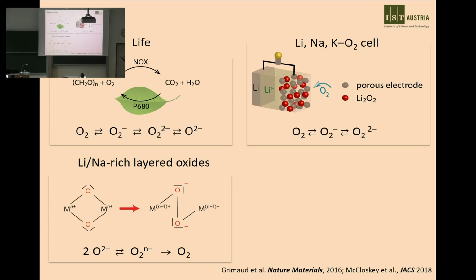But if you align energy levels properly between the oxygen and the transition metal, you can also activate the redox chemistry of the oxide. So you can exchange electrons not just with the transition metal, but also with the oxygen. This sort of doubles the capacity per gram of the total material. And this is a very, very active research field in lithium-ion and sodium-ion cathode materials.